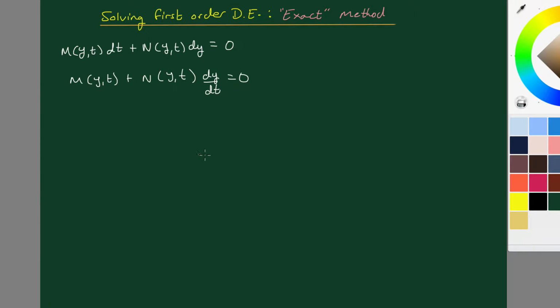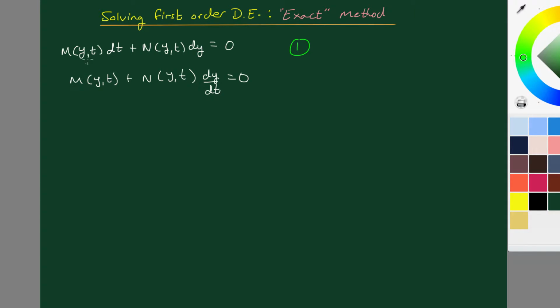Okay. So the way we solve this kind of differential equation is first we have to check to make sure if this is an exact equation. So what do I mean by exact? Well, we take a look at M and N. Now remember, M and N are just two different random functions, right?